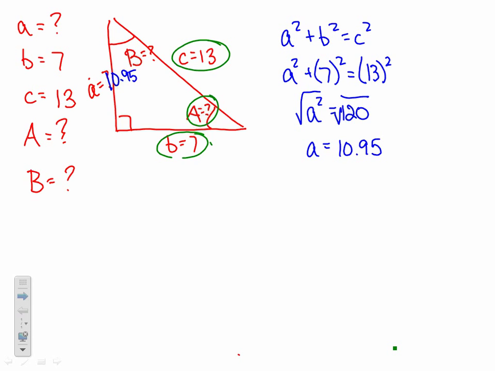So what I do now is I look at angle A and I say, all right, side B, is it opposite or adjacent to angle A? Well, side B is adjacent to angle A. So I have an adjacent side. Side C is always the hypotenuse, so I have the hypotenuse. So I'm going to use cosine to solve for angle A. All right. So it's going to be the adjacent over the hypotenuse.